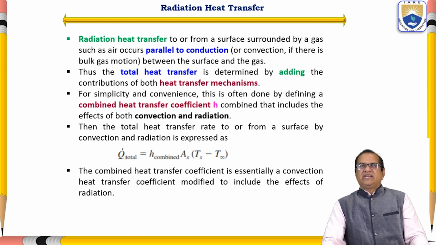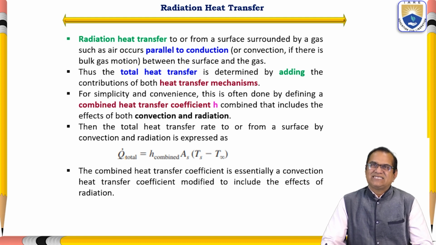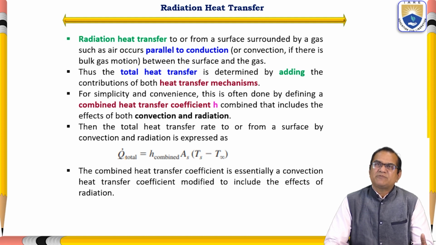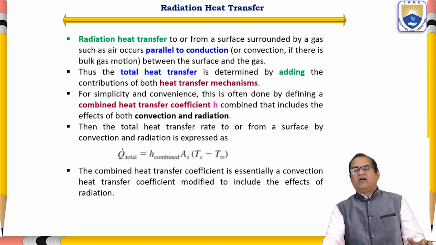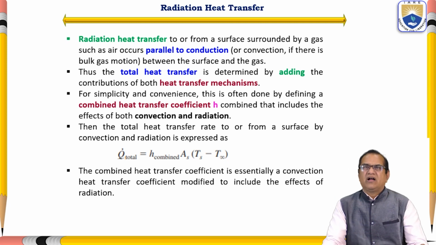So it is always parallel to the conduction. Thus the total heat transfer is determined by adding the contribution of each heat transfer mechanism. So we have to add all of this: radiation, conduction, convection, all the things.